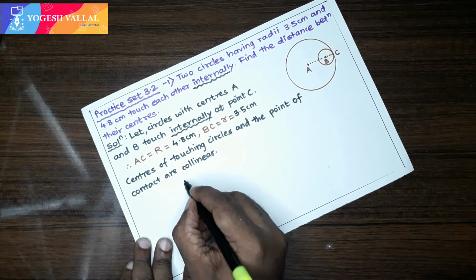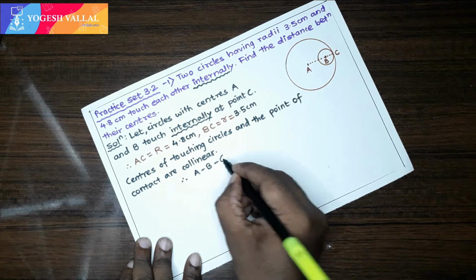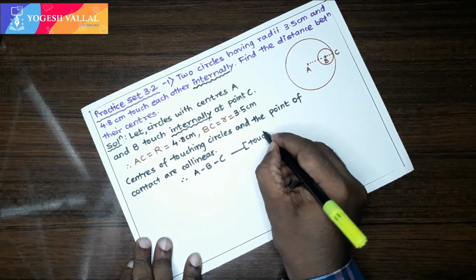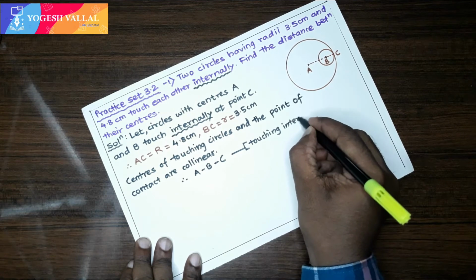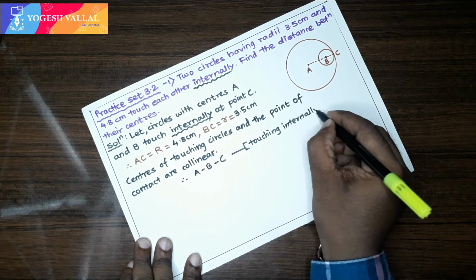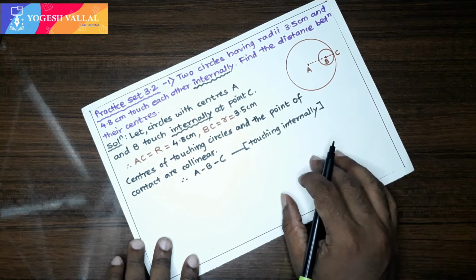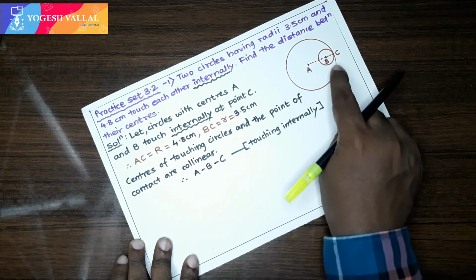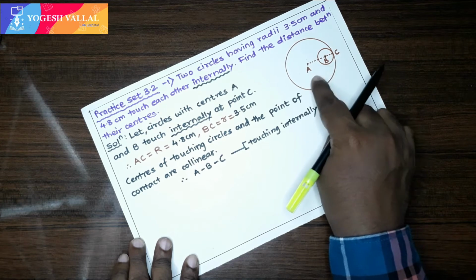So I get the relation A-B-C because the circles are touching internally. This is the given statement, you can write given. Touching internally means A-B-C. If they are touching externally, we will write A-C-B.